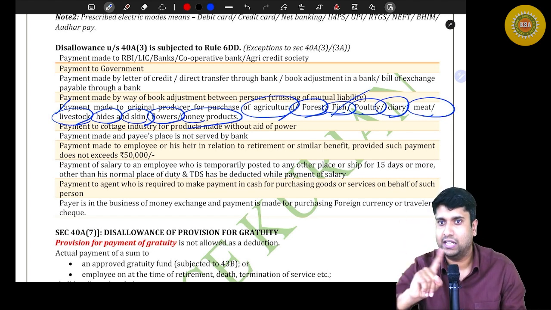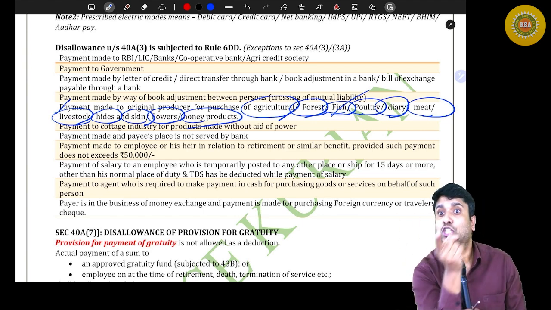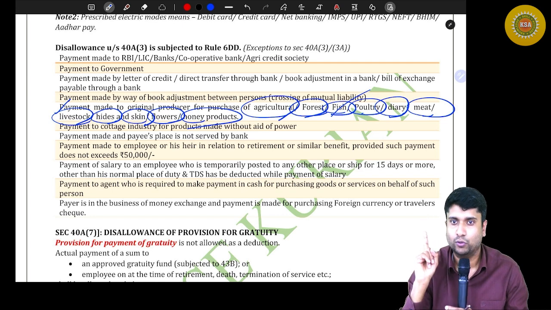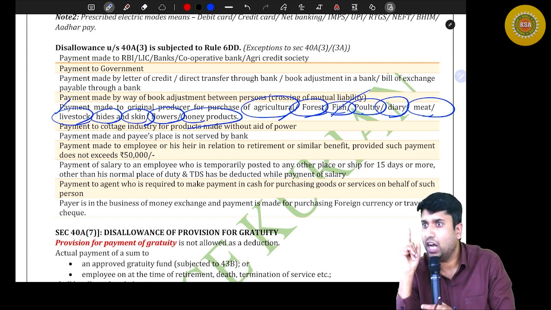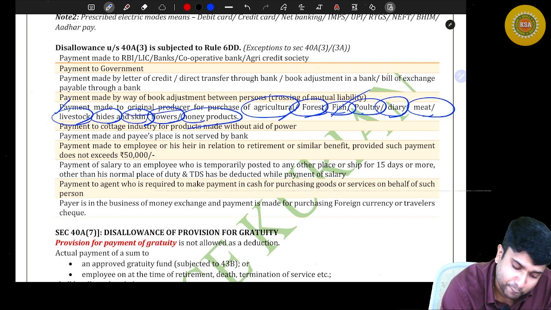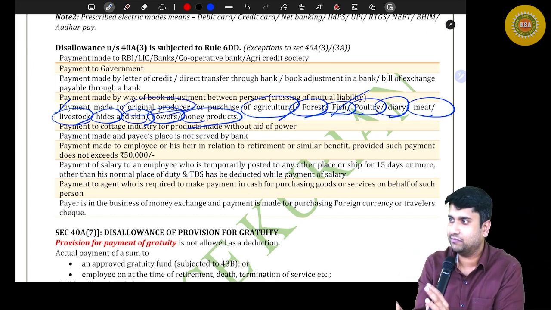For example, I'm buying fish from the fisherman, any mode. I'm buying fish from a shop, then what will happen? Prescribed mode I have to follow. So that's why we are saying payment to the original producer. Producer means the original person. You cannot produce fish.